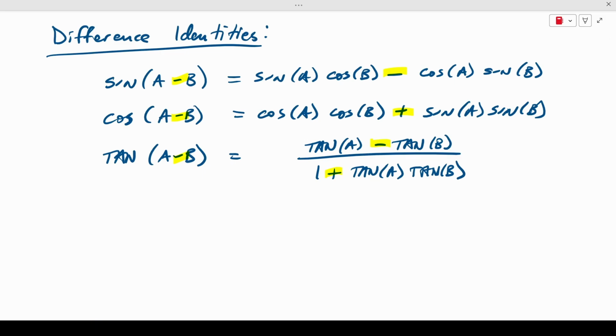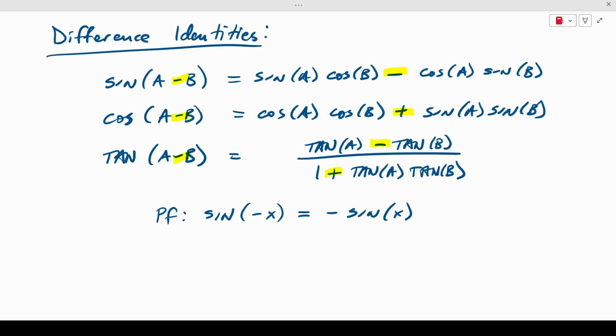Now, proving the difference identities based on the sum identities is really not so difficult. I'll just sketch the proof really quickly. I'm not going to do a full proof, but the idea here is if you have sine of negative x, this is identical to negative sine of x.